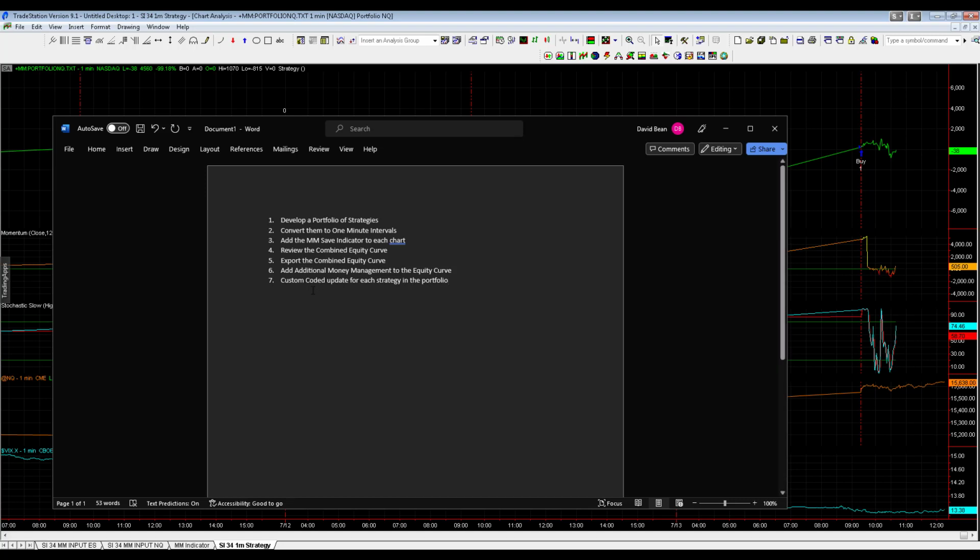And so this is a way to use the money management algorithms in a portfolio environment using this indicator, finding a setup that you like, and then you have to custom code the update. And once again, most of the things you think will work don't, but if you ever do find something, this is the way to find out if something actually works.